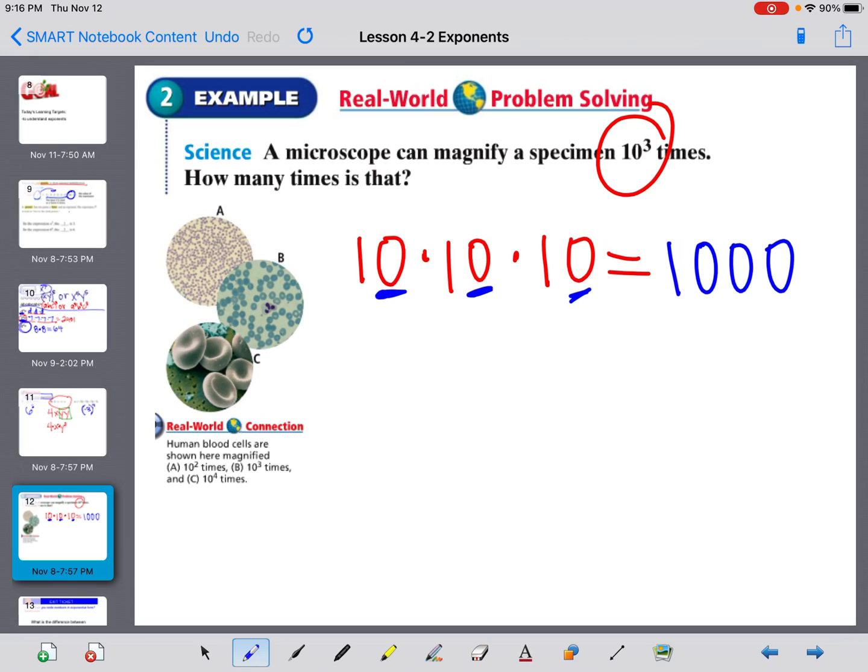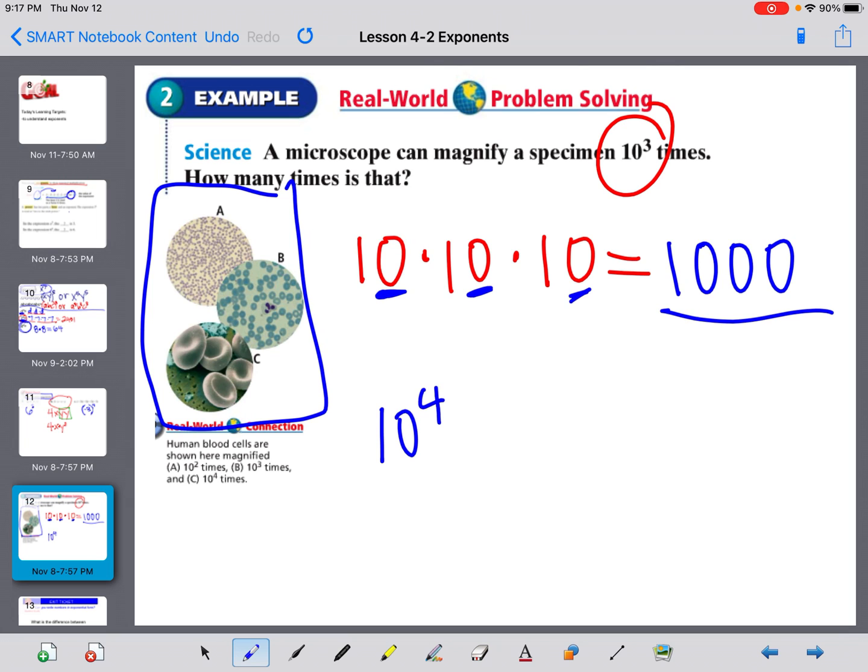Say it with me, tens only. 10 times 10 times 10, there's 3 zeros, so I put 3 zeros on my answer. So that means that our blood cells, this is kind of a cool picture actually, are magnified 1,000 times under this microscope.